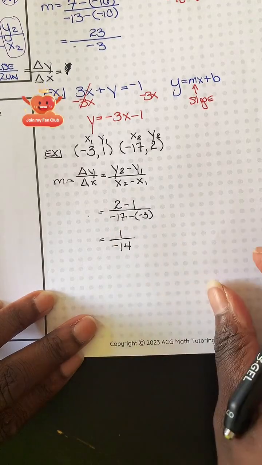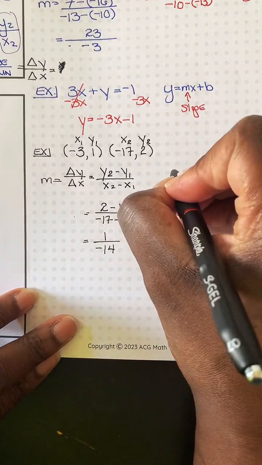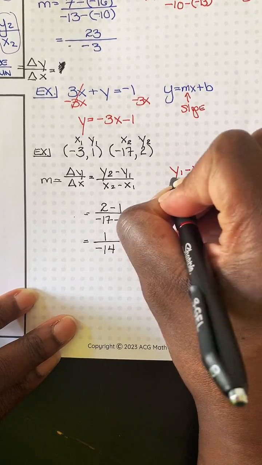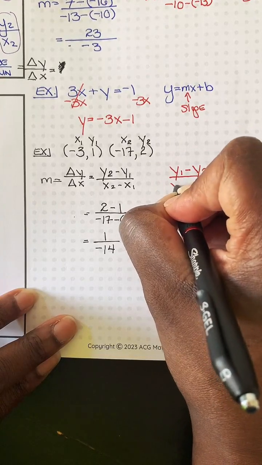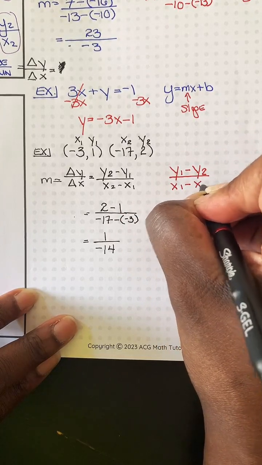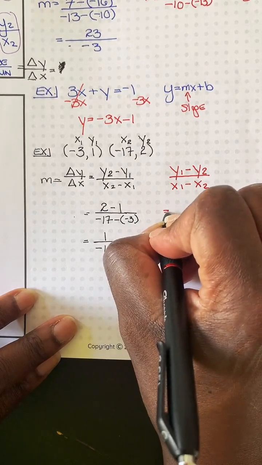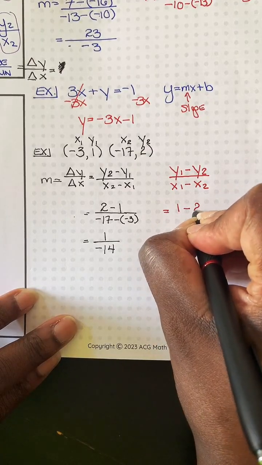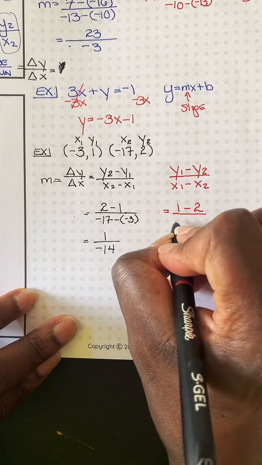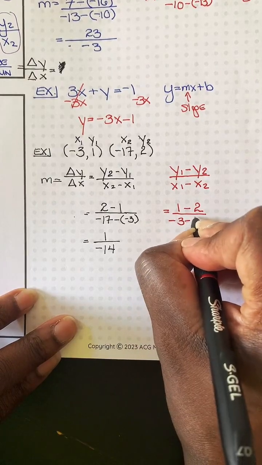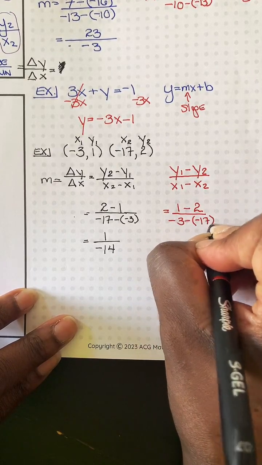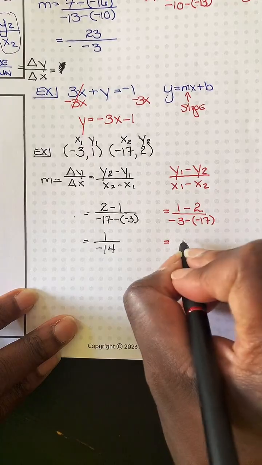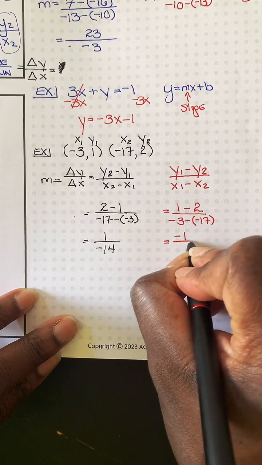Now, if I do the same thing but use y1 minus y2 over x1 minus x2, then I have 1 minus 2 over -3 minus -17. Here 1 minus 2 gives me -1.